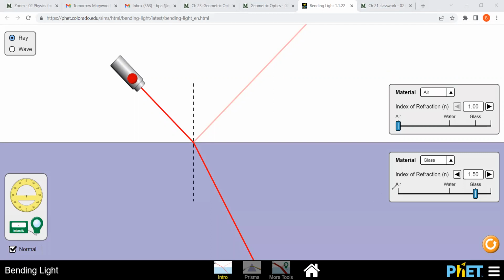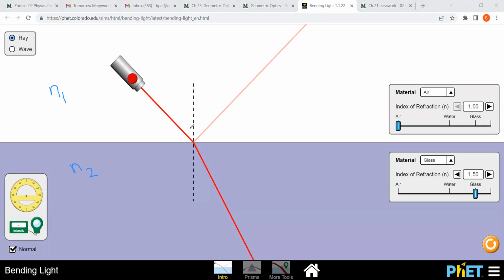Here in this case it is glass. The refractive index of air is n1 and the refractive index of glass is n2. n1 means where we have the ray of incidence.